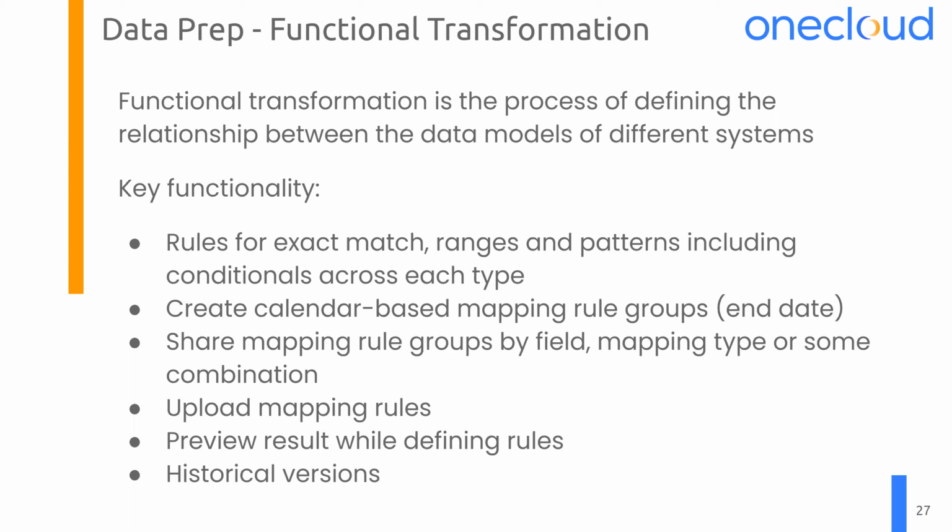Another thing that I've heard customers clamor about for years is, I want to be able to share maps in a more granular fashion. Right now, if I share a map, I share it across everything. Well, we've given you the ability to break that up based on the fields. So I might want to share the mapping that relates to my companies or my GL accounts, but not necessarily everything else. But also even more granular than that.